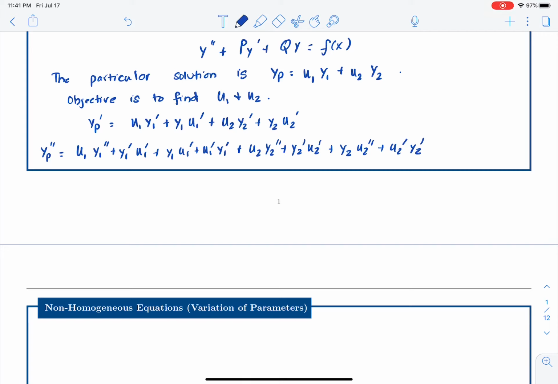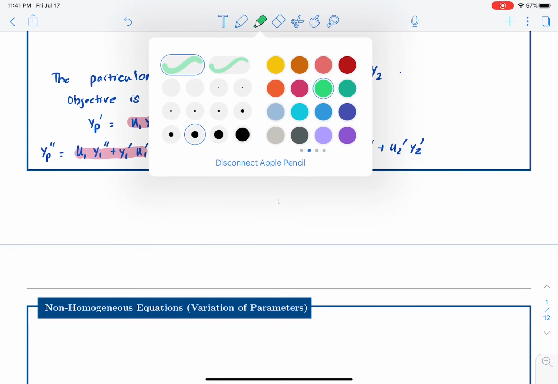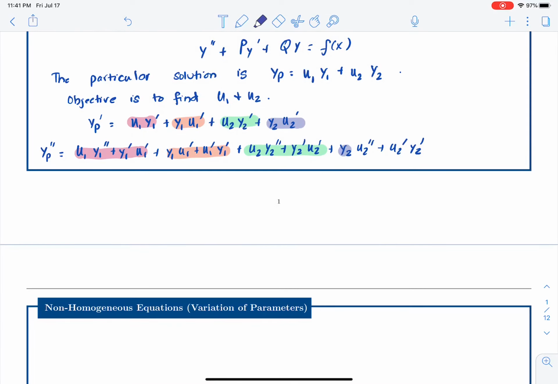So all I did is product rule applied. Apply product rule to that part, you get that. Apply product rule to that part, you'll get that. I pretty much am applying product rule. The first derivative is quite obvious, I just used product rule twice. The second, if you match the colors, you'd get the idea.